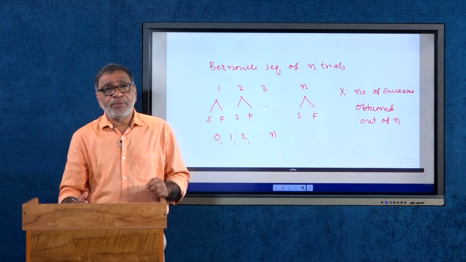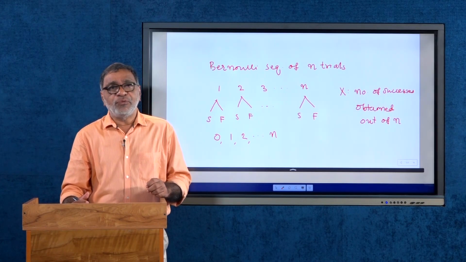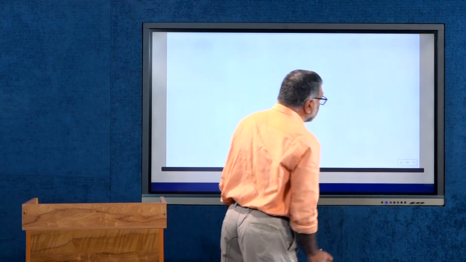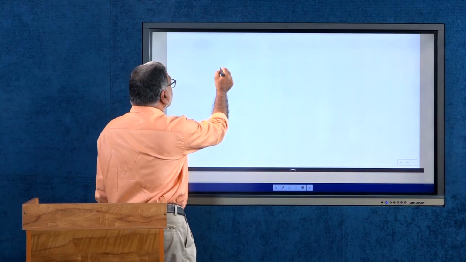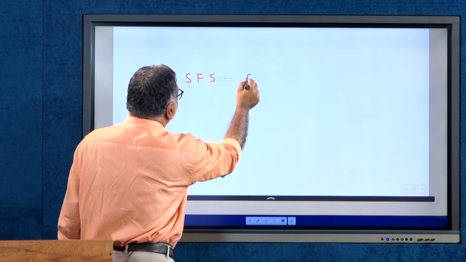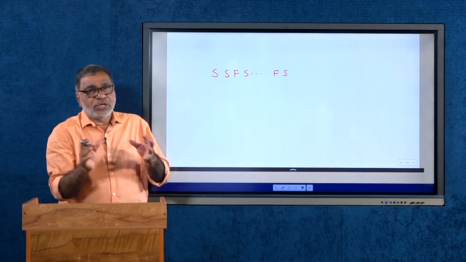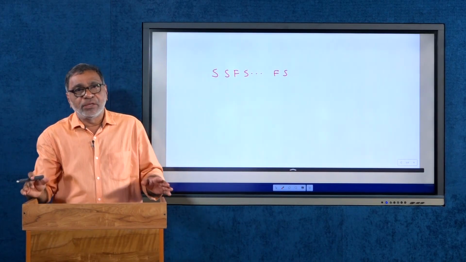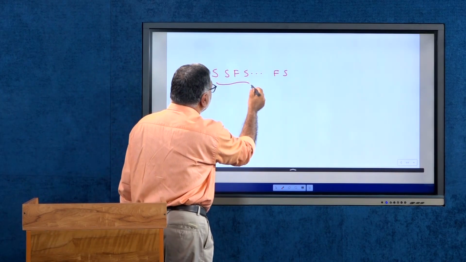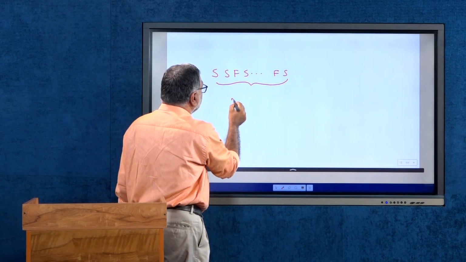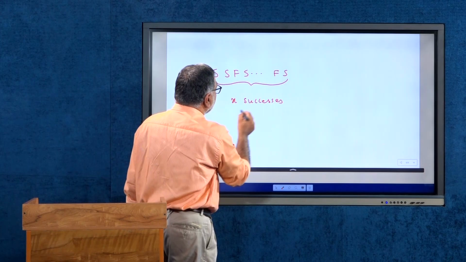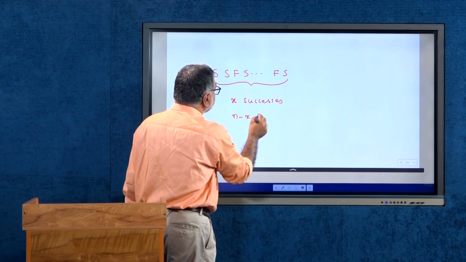Then what is the probability mass function of this random variable? See, the outcome may be a combination of successes and failures, a sequence of successes and failures out of n trials. How many successes and how many failures? There are x successes and n minus x failures.